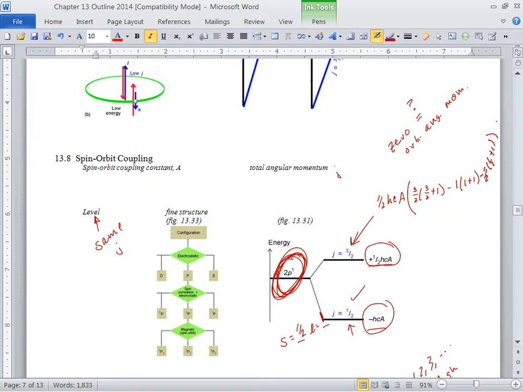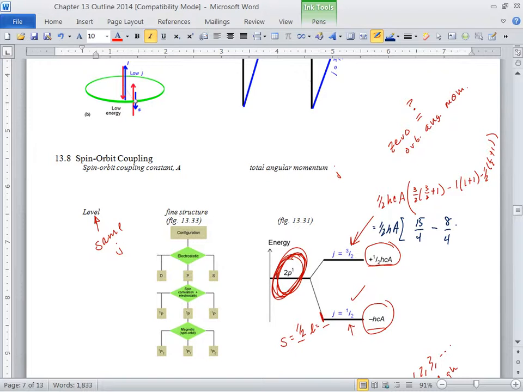So you'd end up with a 1/2 hca. Hopefully this is going to work. 3/2 plus 1 is 5/2, times 3/2 should be 15/4. I'm doing stuff in my head, and that's dangerous. Does that sound right? Minus, let's put it in terms of fourths. We've got minus 2, which in fourths would be minus 8 fourths.